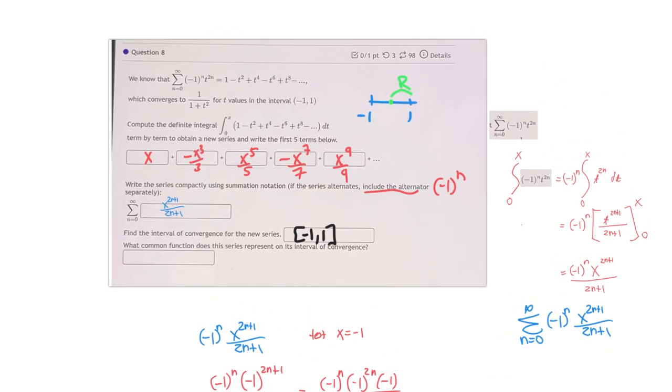But I think what the professor wants is for you to notice that the interval of convergence for the first thing had parentheses, and the interval of convergence after performing the integral term by term, we get brackets here. Okay, what common function does this series represent on its interval of convergence? That's tricky because you look at this and you're like, I don't know.